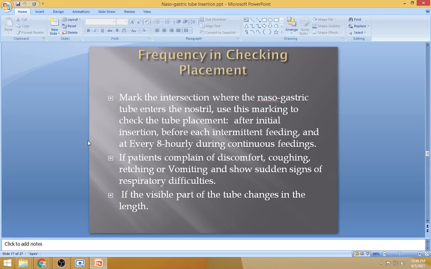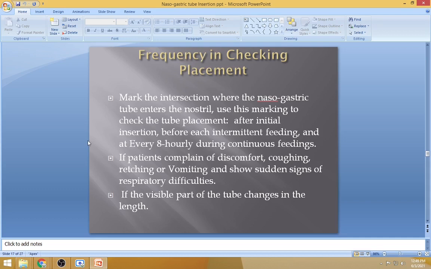Okay? Then the next time, after 8 hourly or whenever you come for feeding, suctioning or medication, you have to see that mark area near the nostril.